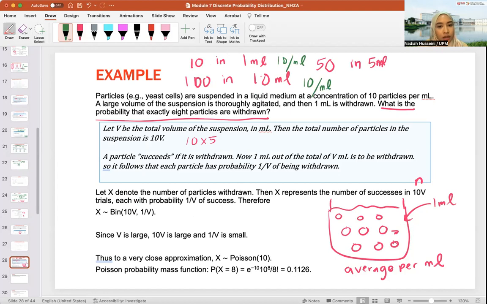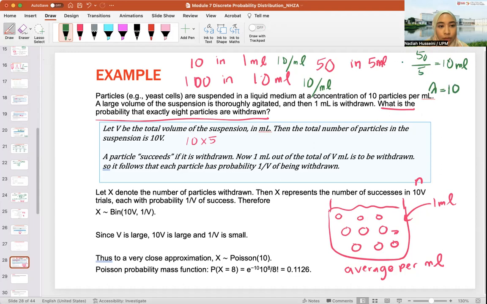How did I get this? 100 divided by 10, and then 50 divided by 5, 50 particles in 5 milliliter of water. What is the particle concentration per milliliter? It is still 10. 50 divided by 5 is just 10. So this was our mean, which is lambda. Okay, lambda is 10. So we already know Poisson.